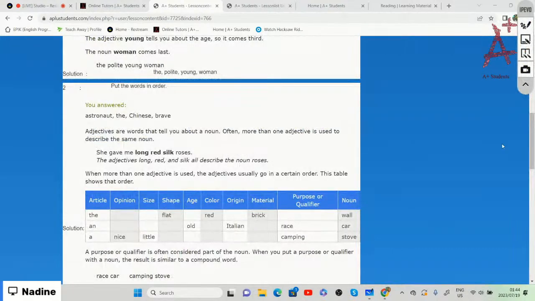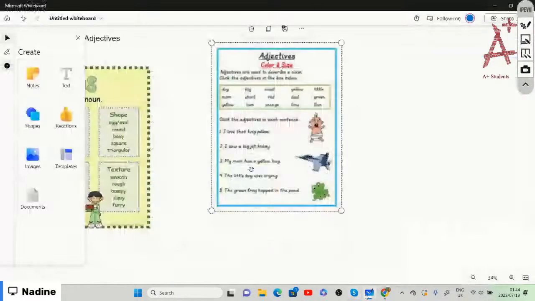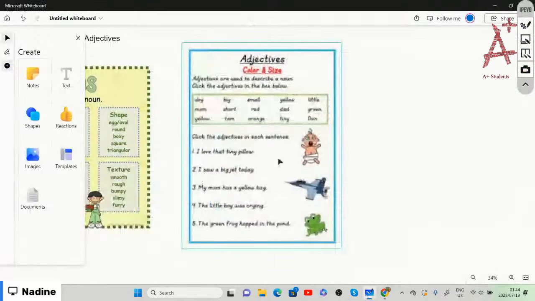All right, so now we're going to do one little activity. I'm not sure if you can see well. Here they say adjectives are used to describe a noun. Click the adjective in the box below.